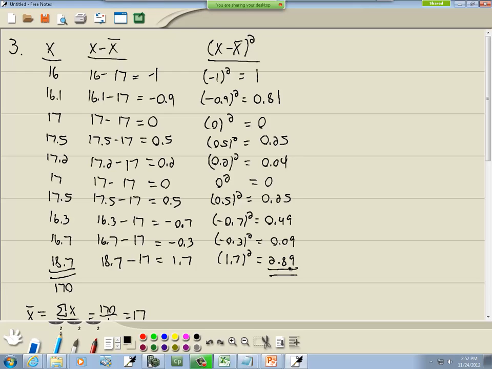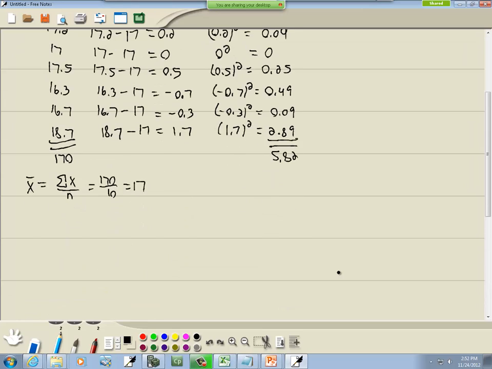Now I want to add these together. We get 5.82. So S is going to equal the square root of the sum of X minus X bar squared over N minus 1, the square root of 5.82 over 10 minus 1. 5.82 divided by 9 gives us 0.804155872.